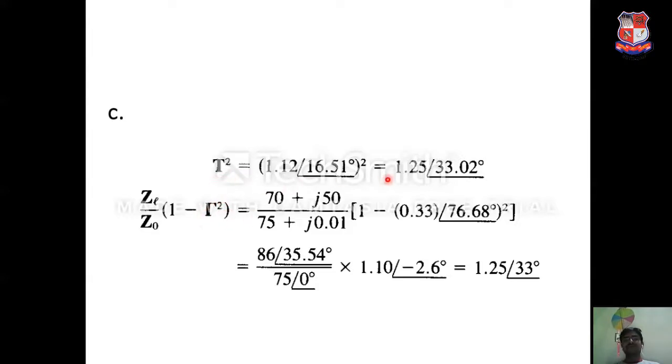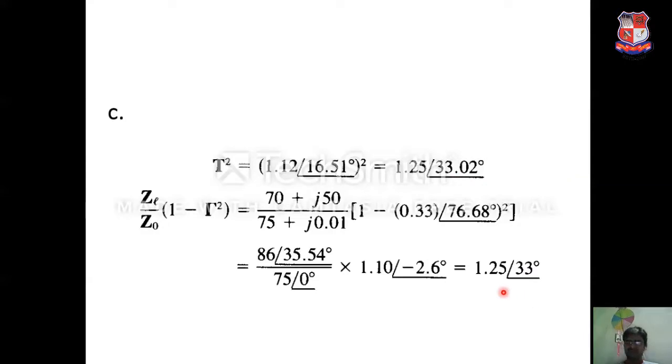So T square we take simply as the square of our achieved term, which is 1.25 angle 33.02. Now we need to verify whether the ratio of ZL to Z0 into 1 minus gamma square gives the same or not. If we put in all these values and simplify, we get the same 1.25 magnitude and 33.02 degree angle.